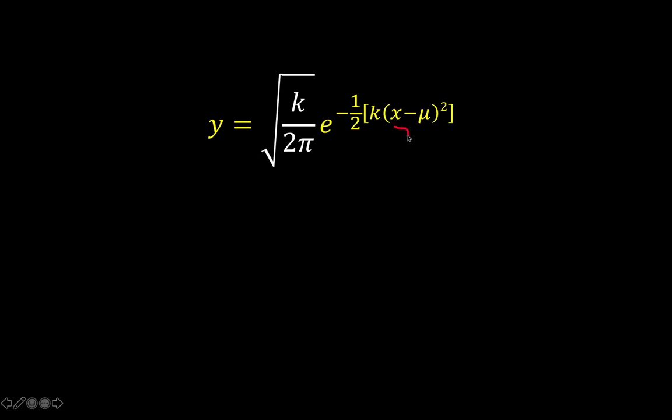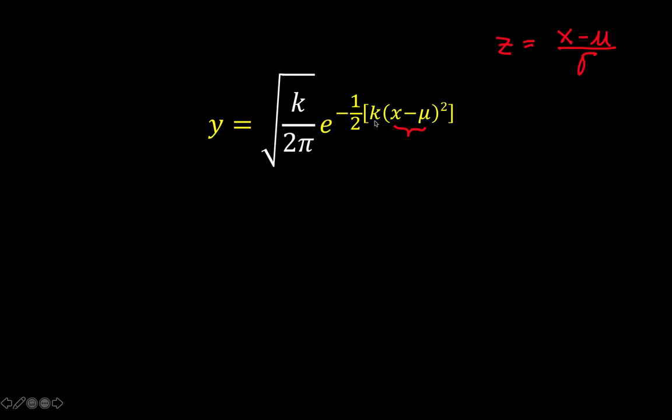Notice this part here. This is the distance of any x-score from the mean. If we want to convert this into the standard normal score, z equals x minus the mean over the standard deviation, we can adjust this k so that we can arrive at a form x minus mu over the standard deviation here.